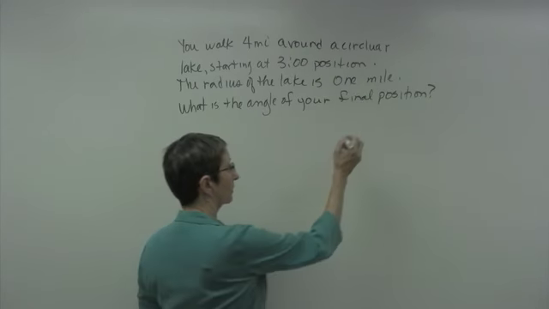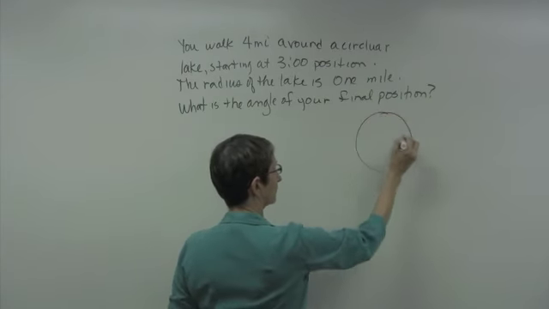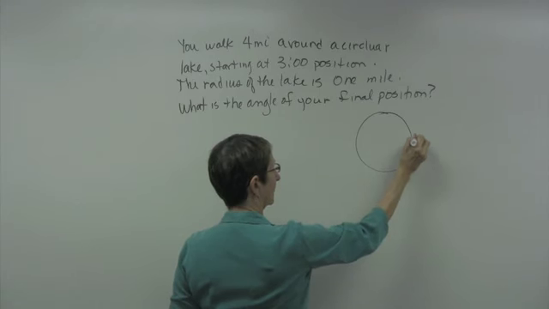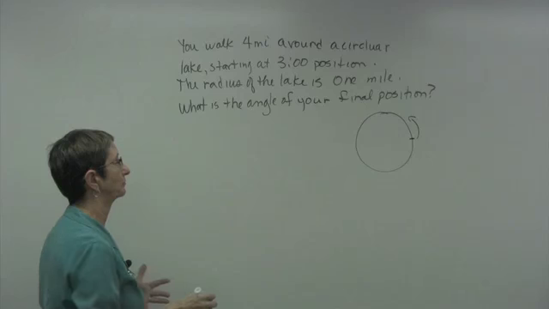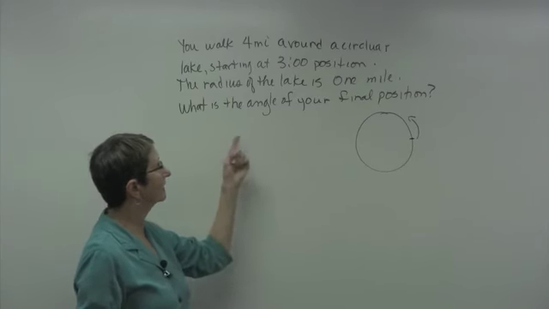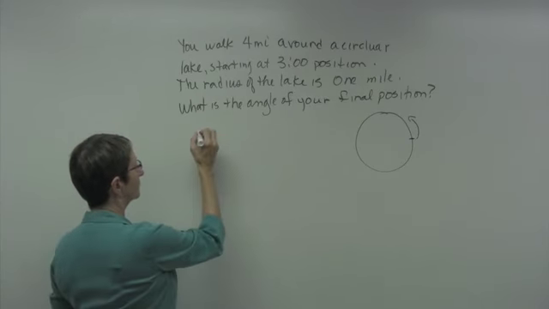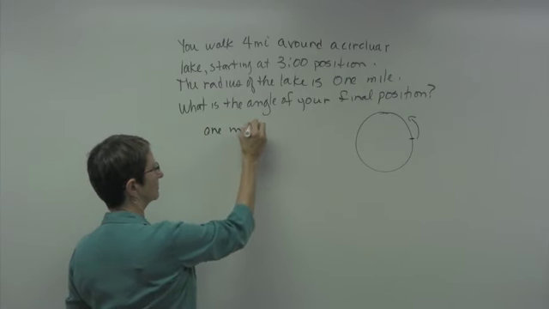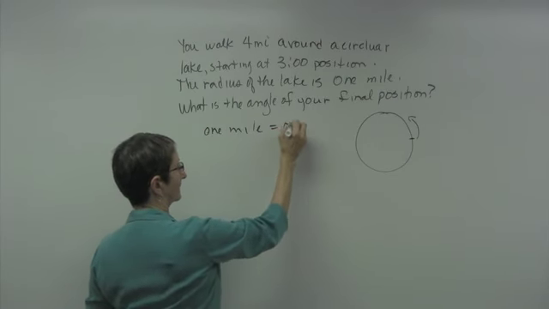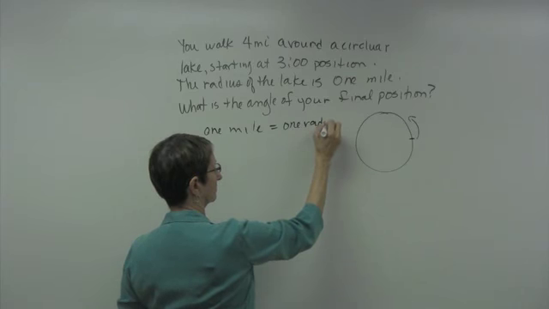So we've started to walk around the lake, starting here, and you're walking around the lake that way, and you've walked 4 miles of a lake whose radius is 1 mile. So if the 1 mile is 1 radius, okay?